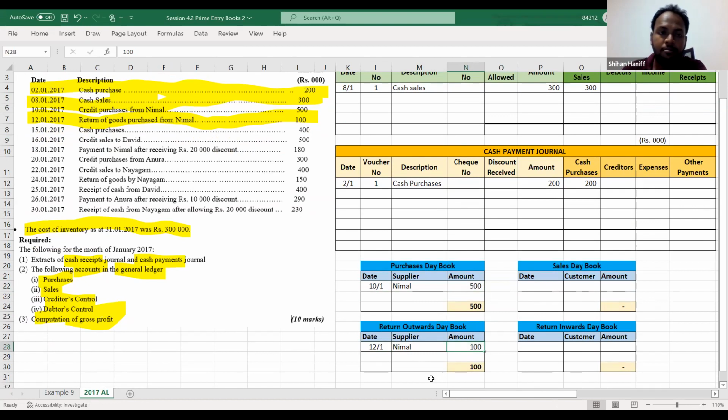This is a very basic question. I'll give a few minutes. Can you all complete the remaining transactions? You are identifying the type of transactions and recording those transactions in the correct prime entry book.